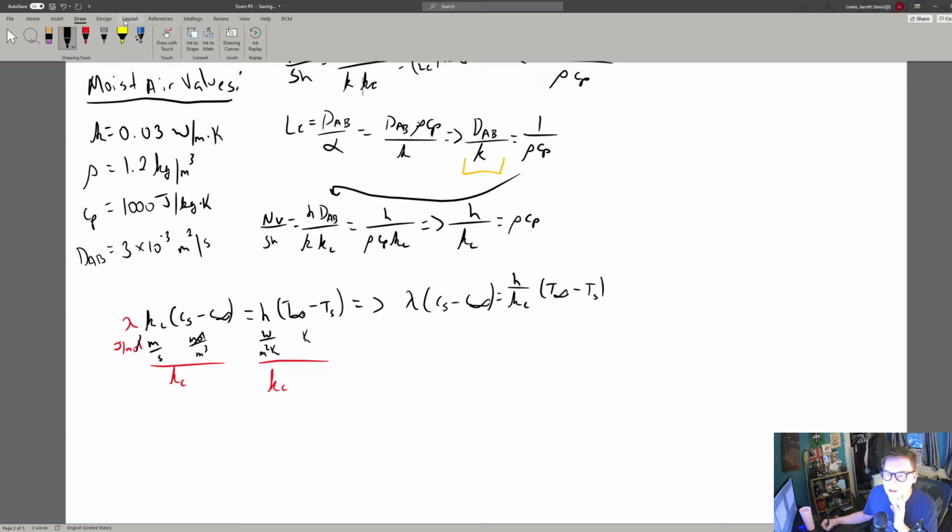And we'll notice here that we just found this relationship earlier, so we can go ahead and put in the density times the heat capacity in this equation. So that'll be equal to the density times the heat capacity times the difference in temperature.